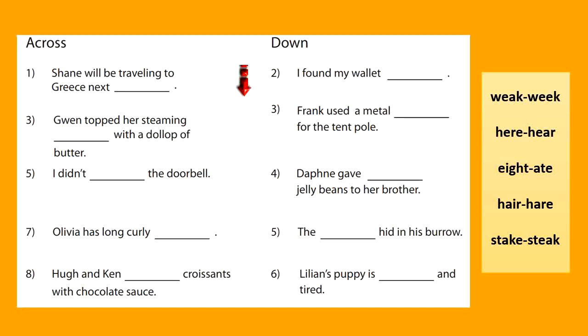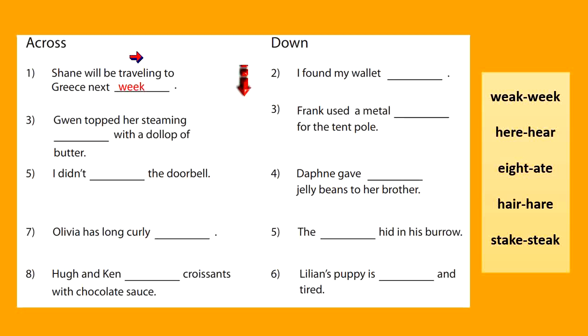Does day and year have a homophone? What about week? Does week have a homophone? Yes, it does. So Shane will be traveling to Greece next week. Which spelling of week will come here, children? Yes, it's W-E-E-K. So this word goes across in our grid.